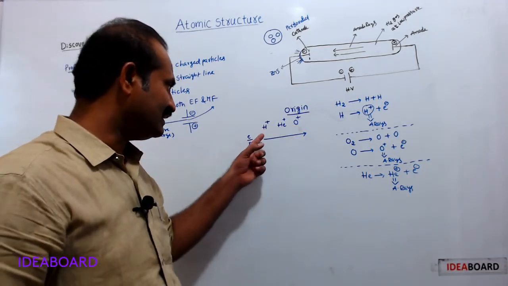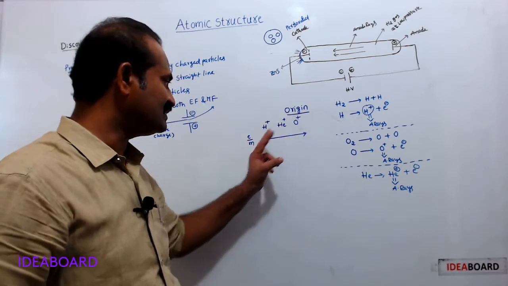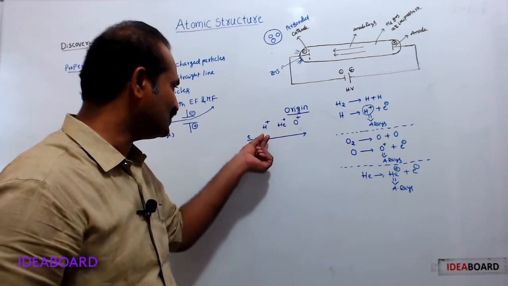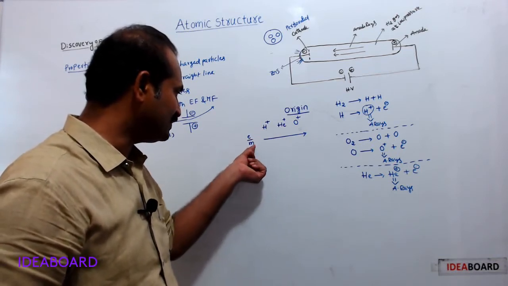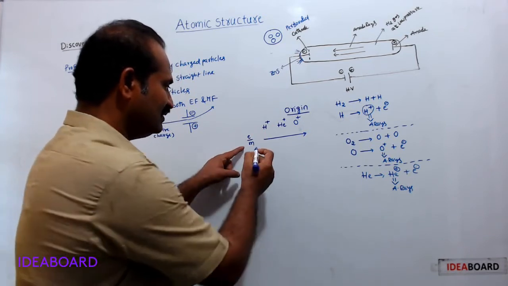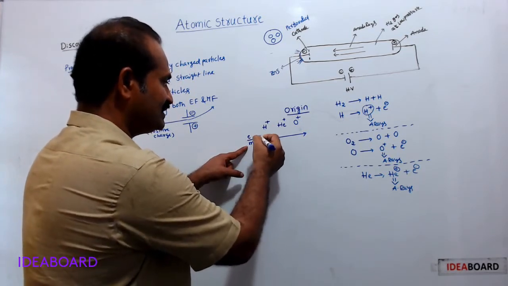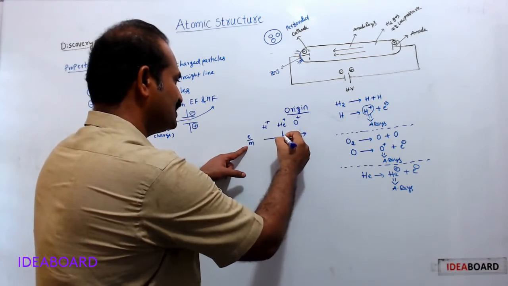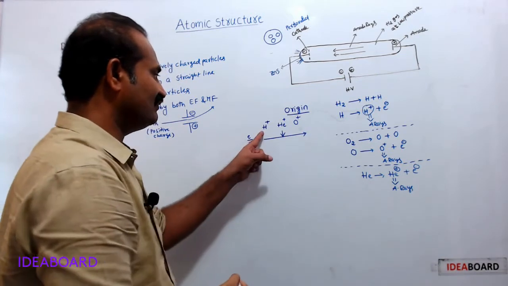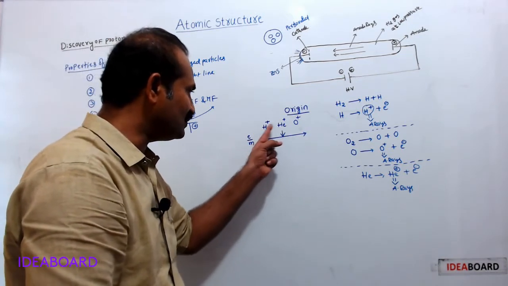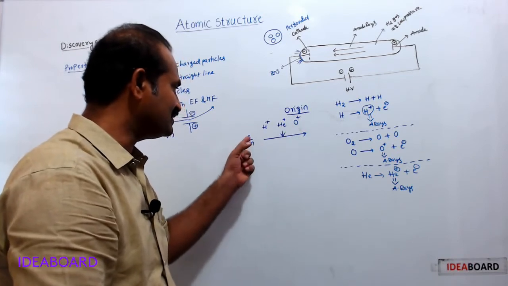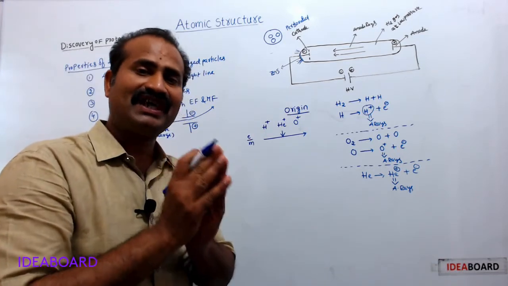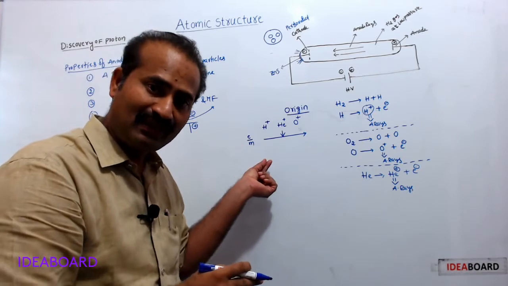Charge is the same, but mass is not the same; mass increases from hydrogen to oxygen. Therefore, the charge to mass ratio is highest for H+ because of its lowest mass. From H+ to O+, the charge to mass ratio decreases, because as mass increases, charge to mass ratio decreases.